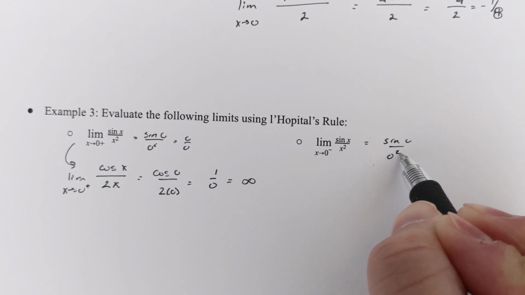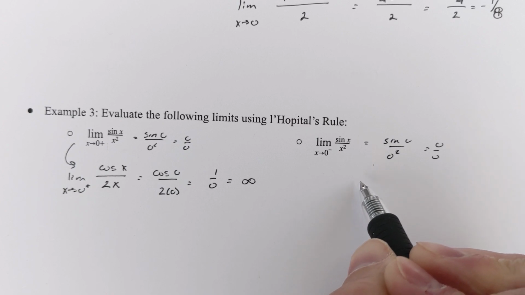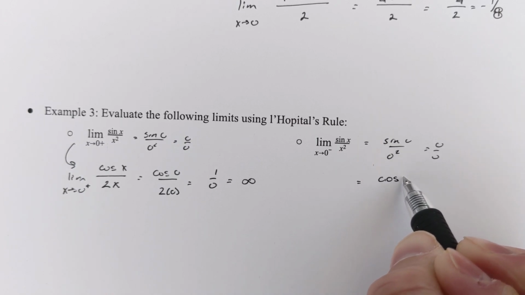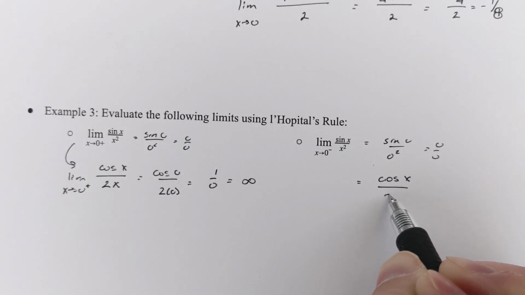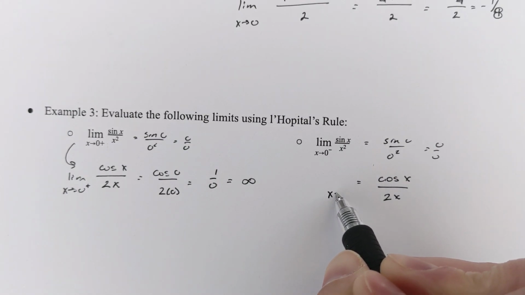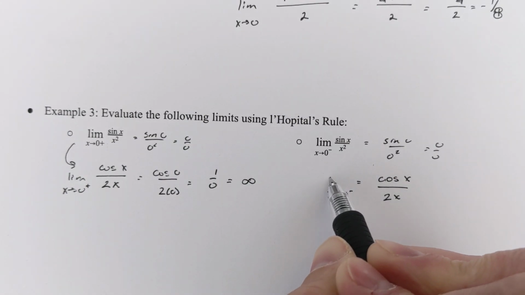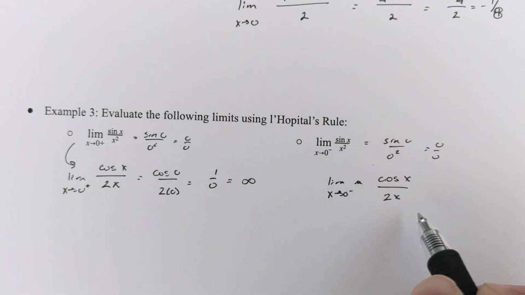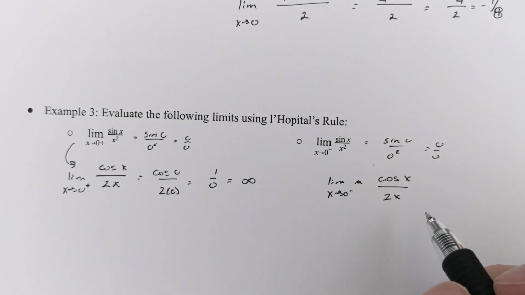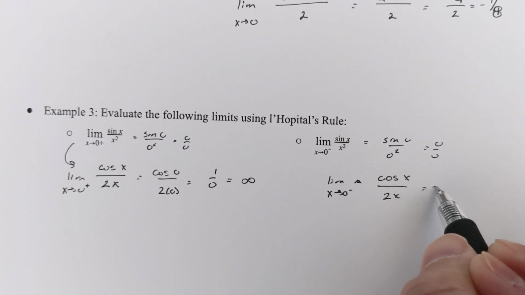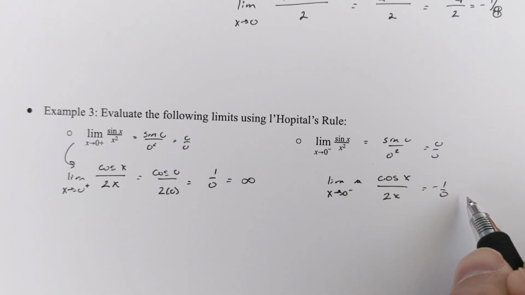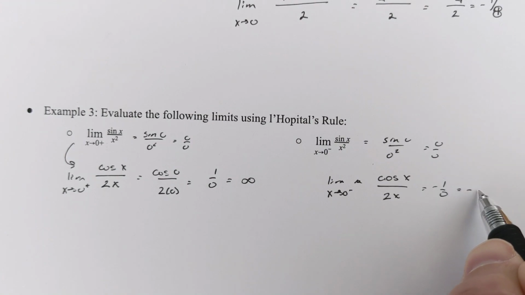Sine of 0 divided by 0 squared is 0 over 0, so cosine of x over 2x. But since we're approaching 0 from the left, that means these are going to be negative. So we get negative 1 over 0, which is negative infinity.